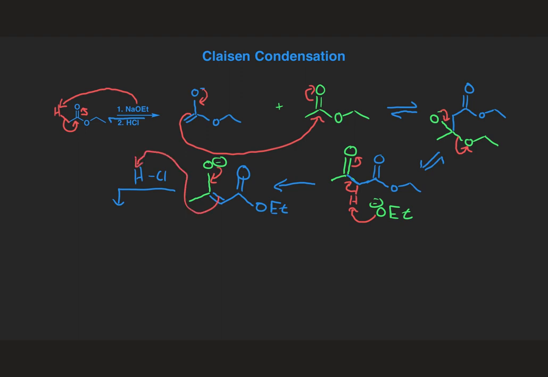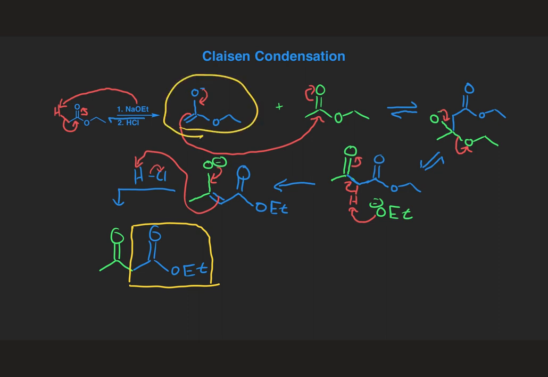That kicks over, and those go there to generate the final product in this Claisen condensation, where this part came from the nucleophilic ester here, or the enolate, and the green part here is this part of the electrophilic ester here.